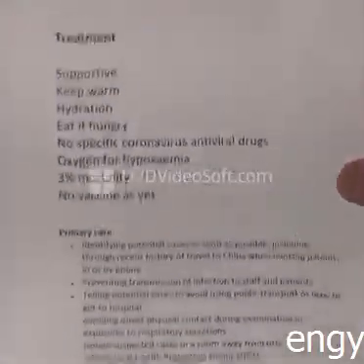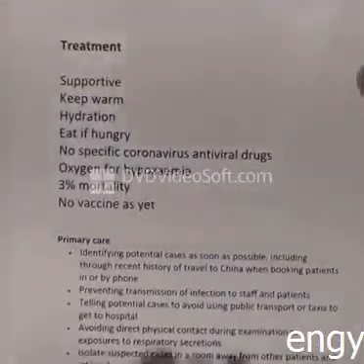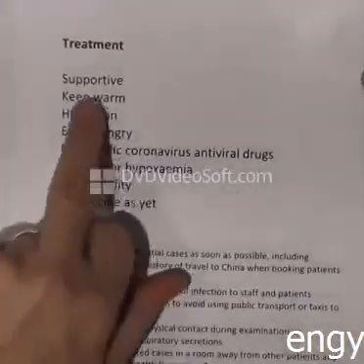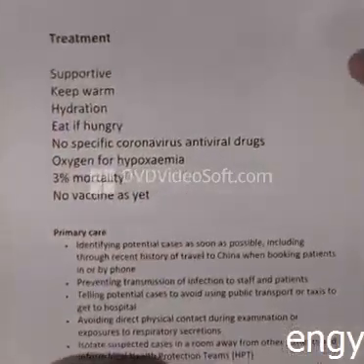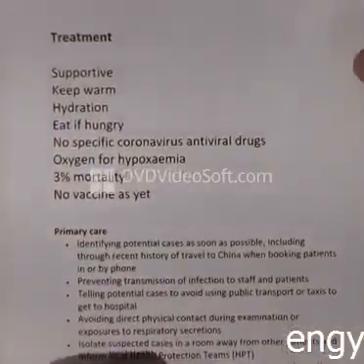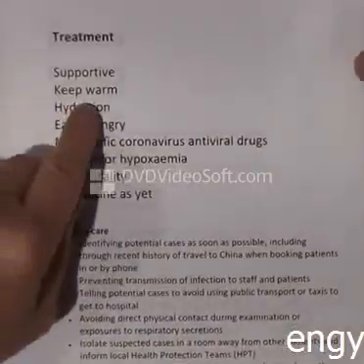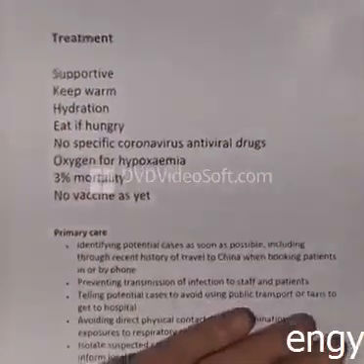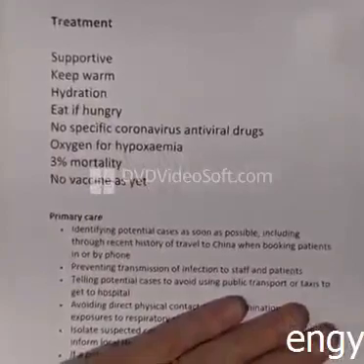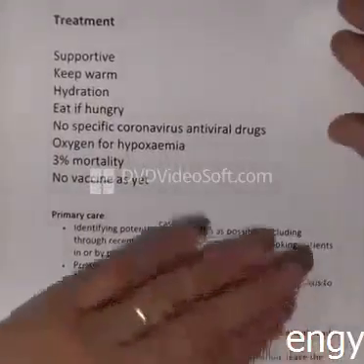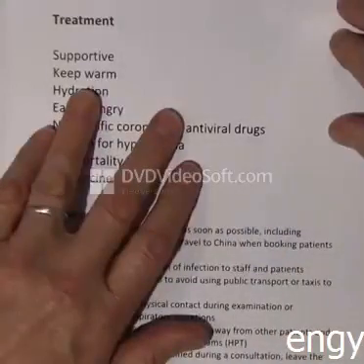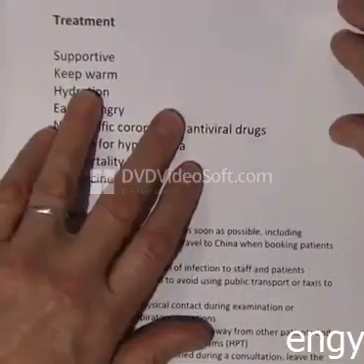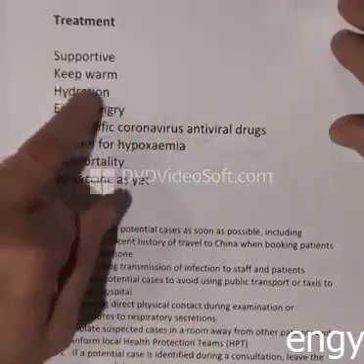So treatment, well, it's basically supportive. We don't have any good antiviral treatments for the coronavirus. Keep warm. Now, depends who you ask, different people will say different things, but I think that you get a temperature because the immune system wants your temperature to be high to improve the elimination of the virus and to improve the function of the immune system.